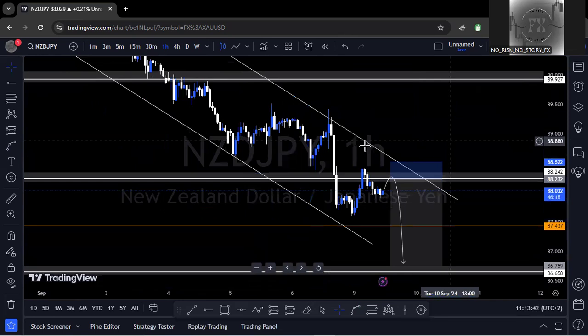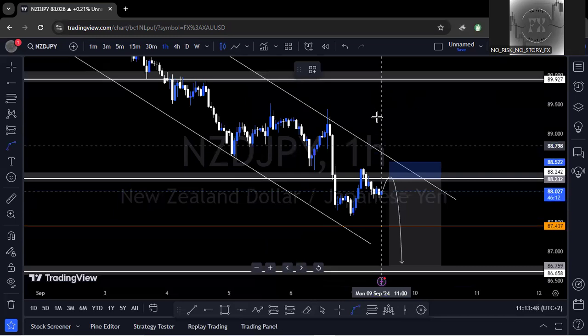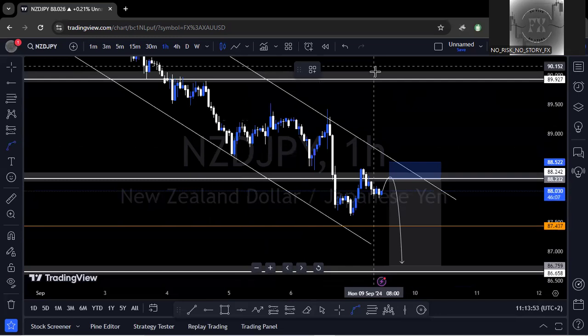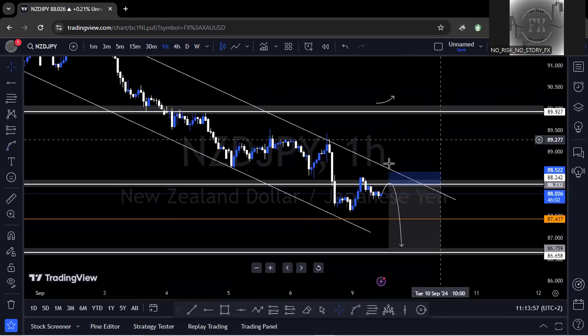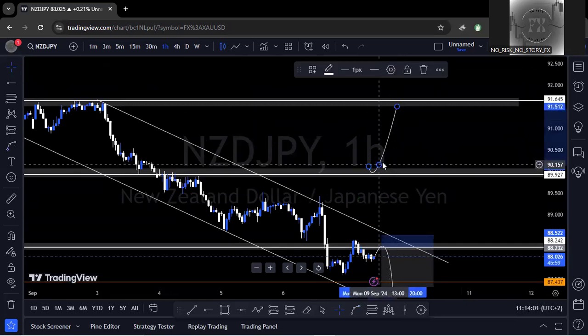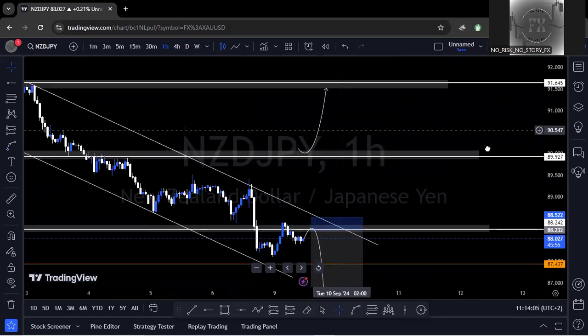Or the market can just break this zone and then continue breaking around these zones here to go back to the channel to then push to the upside, right? Of which I don't see it happening.